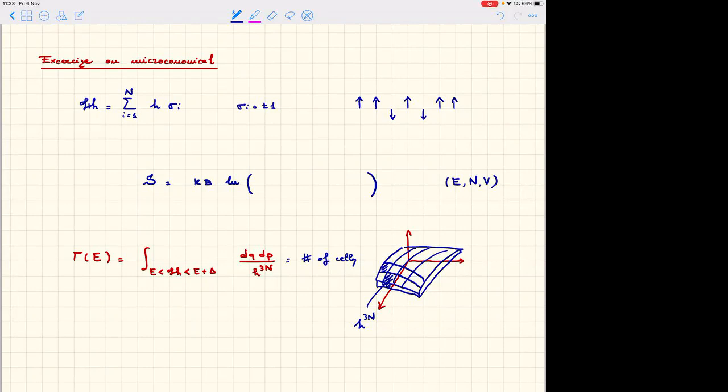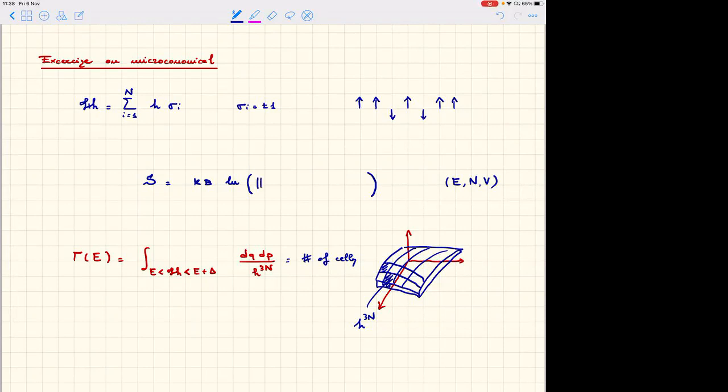I repeat, it is the number of microscopic configurations consistent with the macroscopic conditions. This is what is sitting in the log of the Boltzmann formula.